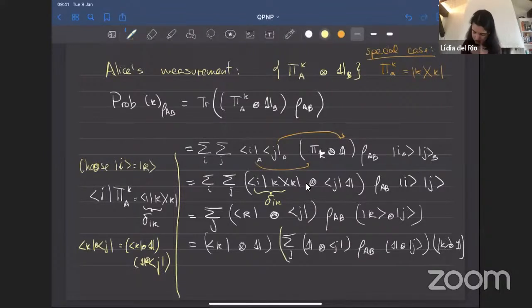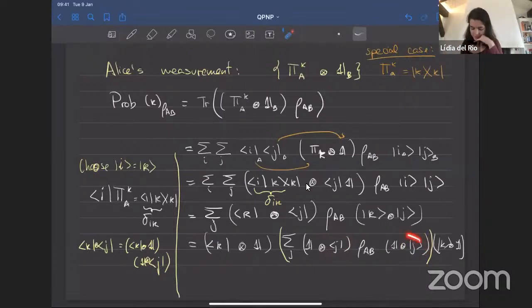Let's put this whole sum inside brackets. And now let's look at what dimensions we have here. It looks a bit tricky, but this belongs in the whole space AB. But then we're contracting it because we're acting with it, making this inner product in one of the subsystems.